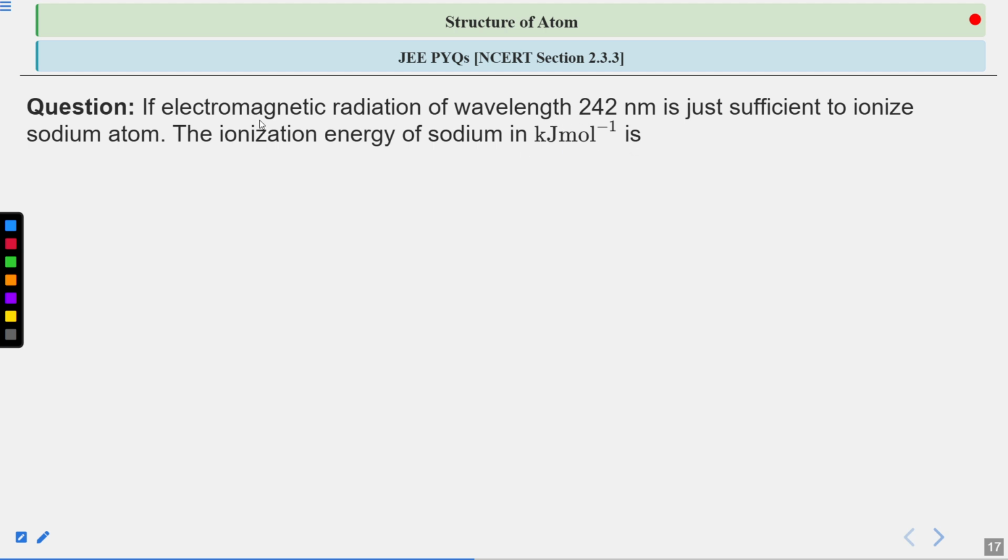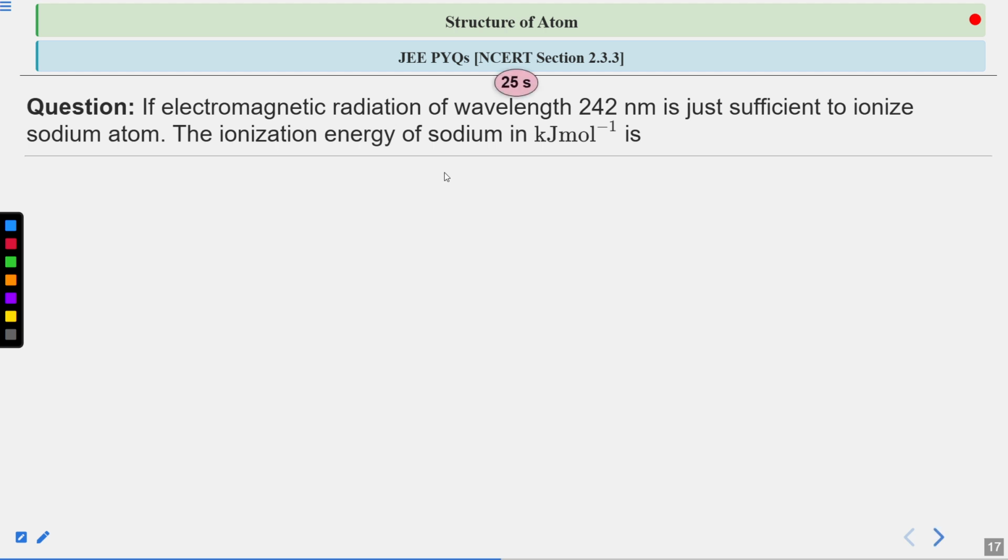If we are given electromagnetic radiation whose wavelength is 242 nanometer, and this radiation is just sufficient to ionize the sodium atom, then you have to calculate the ionization energy of sodium in kilojoule per mole units.